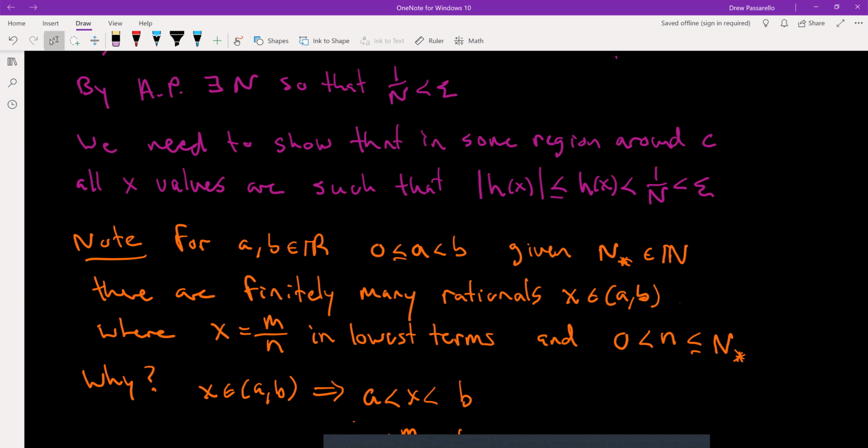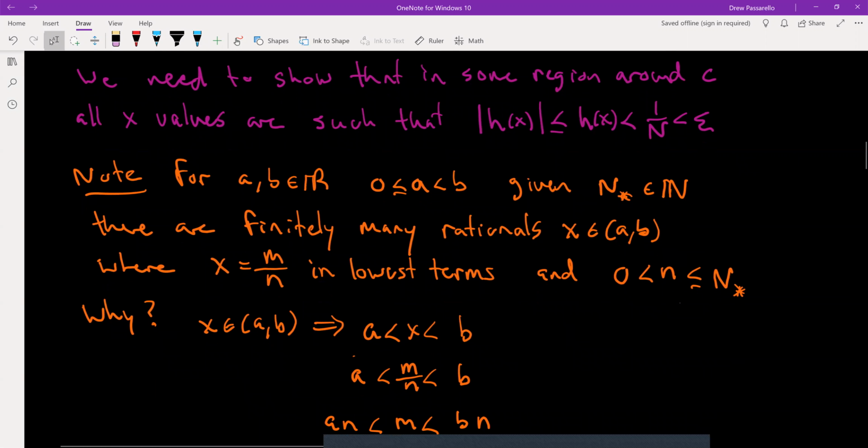In other words, there are finitely many rational values x whose denominator is less than or equal to capital N. It might seem a little bit obvious, but I did a little mini proof to show that.